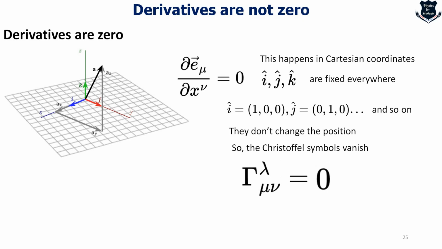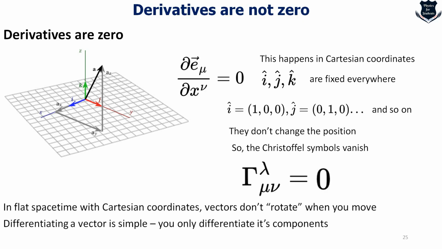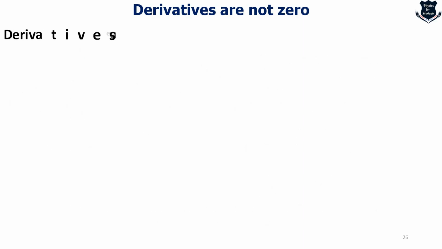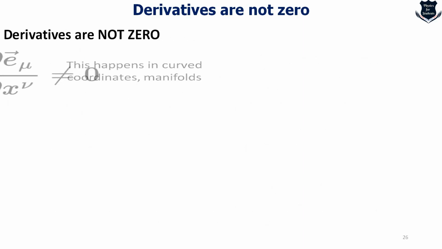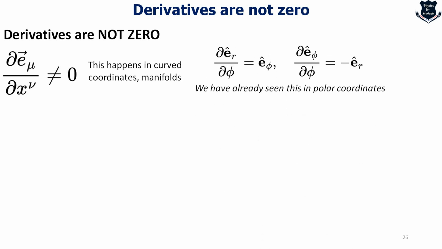So in flat space time with Cartesian coordinates, vectors actually don't rotate when you move, and differentiating a vector, you only differentiate its components. So here you're differentiating only the components. Now where are the derivatives not 0? That is where life becomes a little bit difficult. That happens in a curved manifold, and we have already seen this, it is not 0.